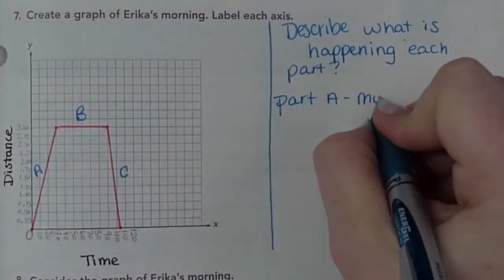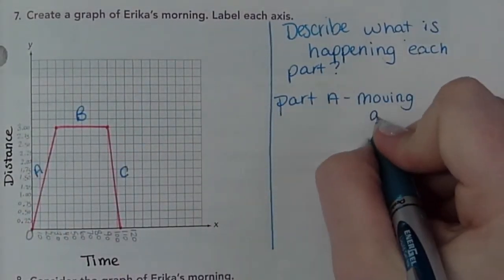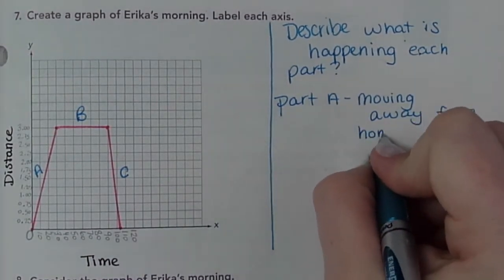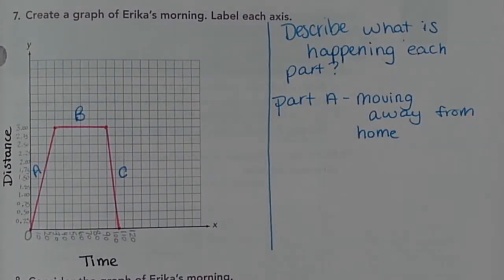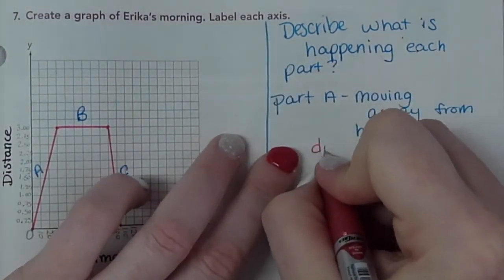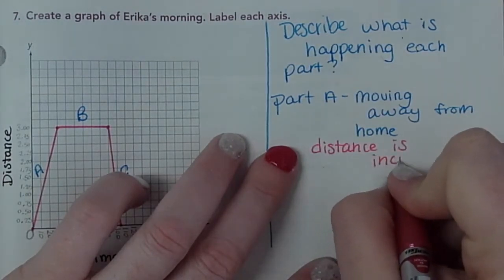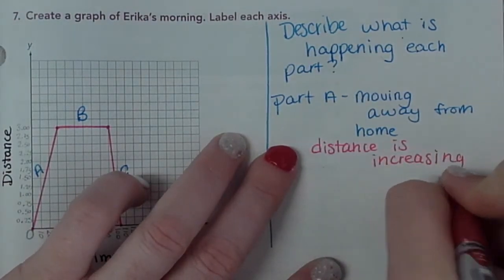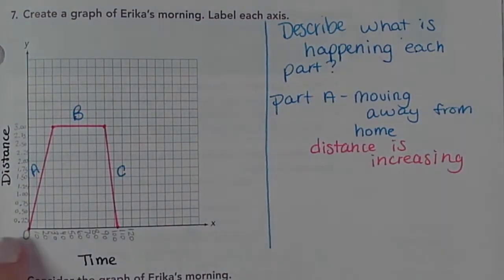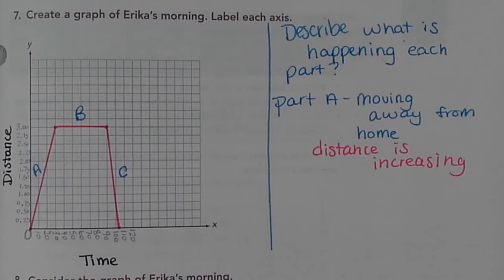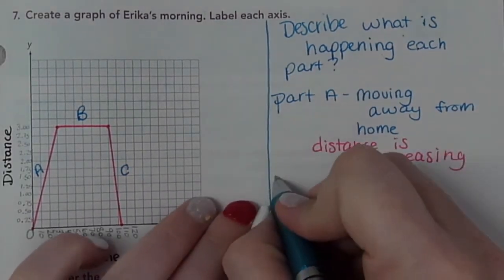She's moving away from home. Or another way to say that is distance is increasing. Her distance as she's moving is increasing. She's getting further and further from her house.